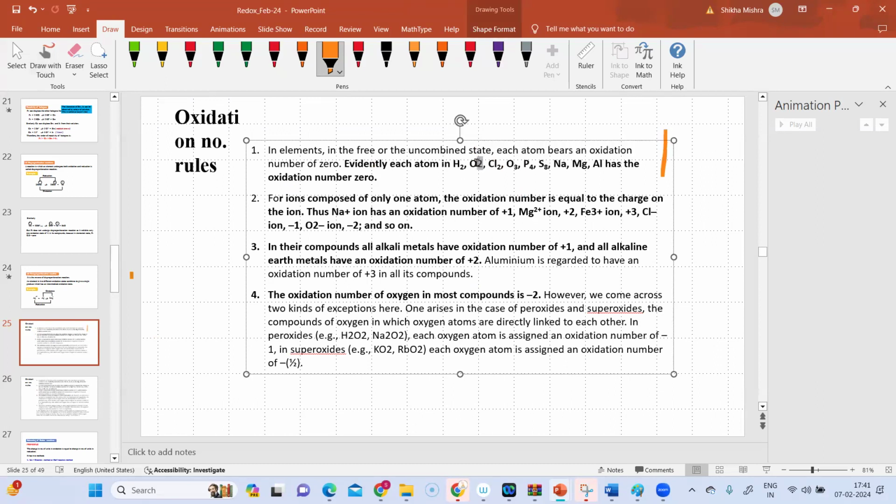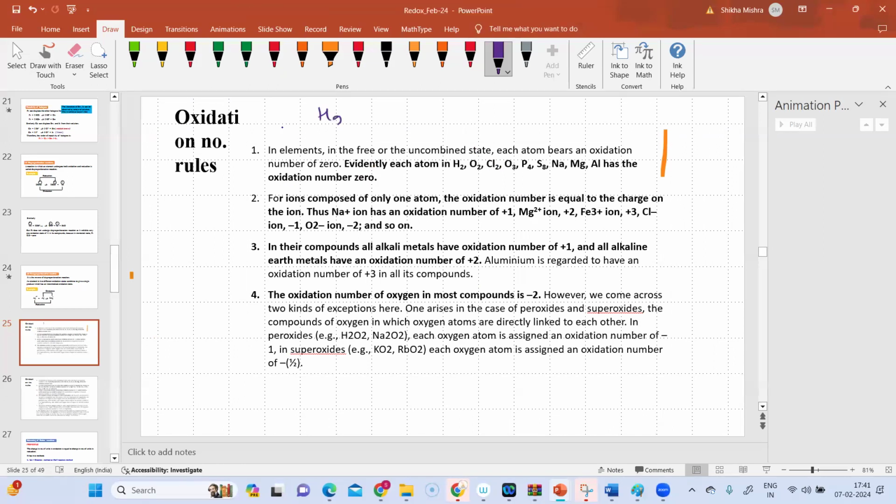That means its oxidation number, whenever I write H2 plus O2 gives us water, the oxidation number of hydrogen is 0, as well as that of oxygen is 0 in this case, right? This we must remember.